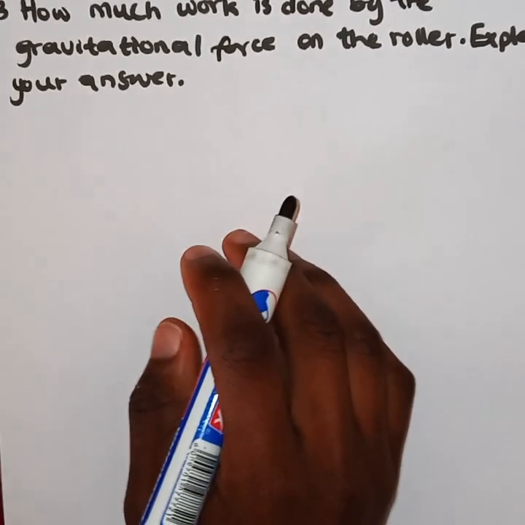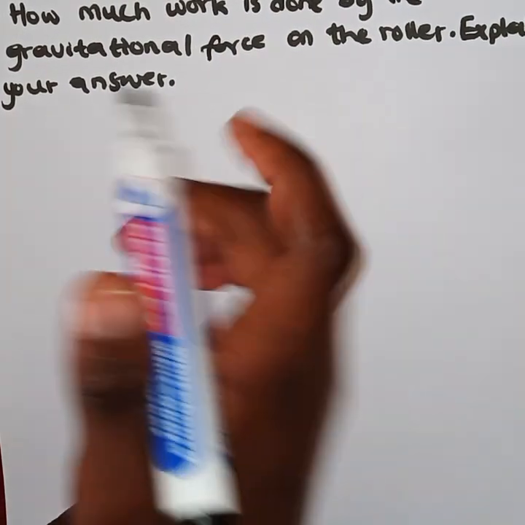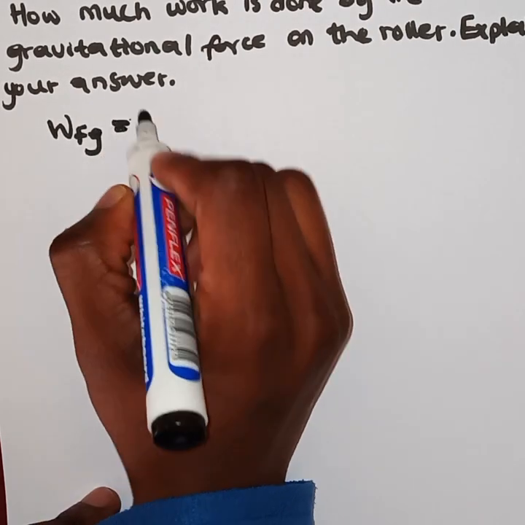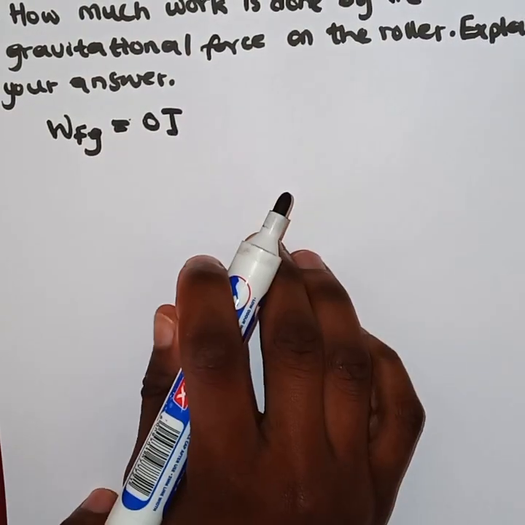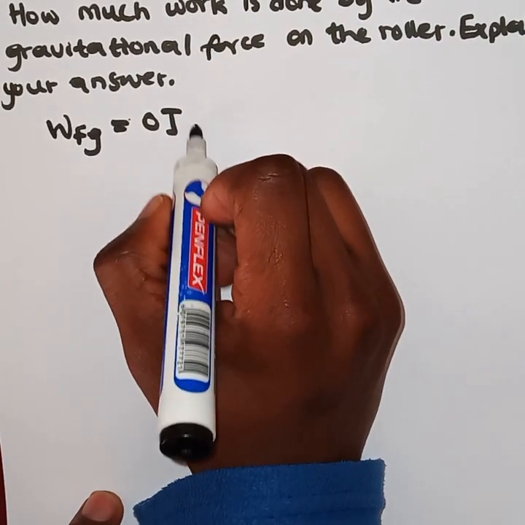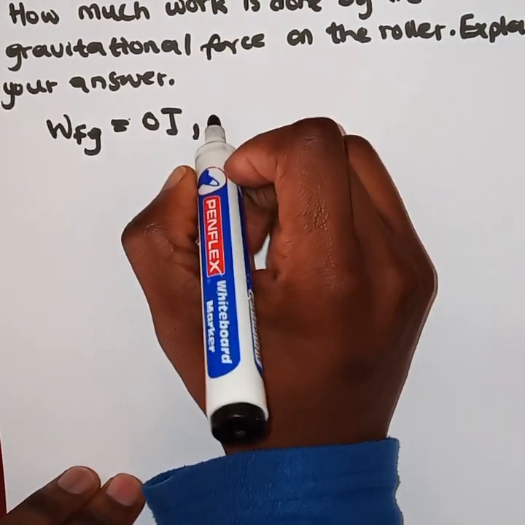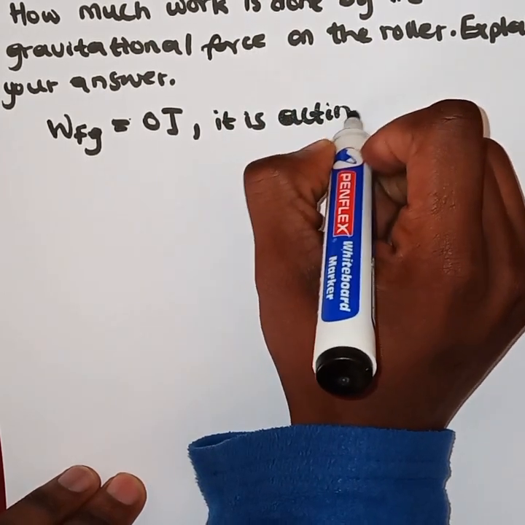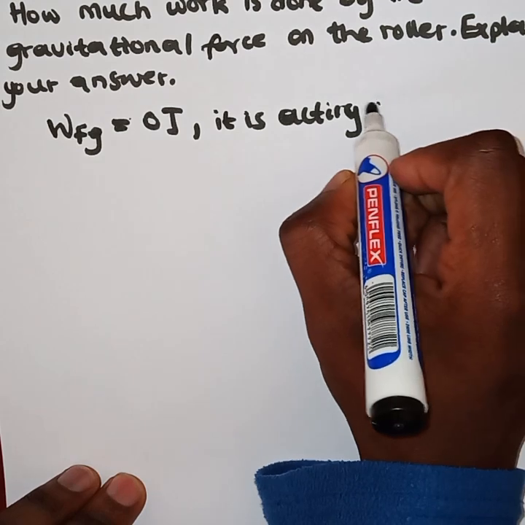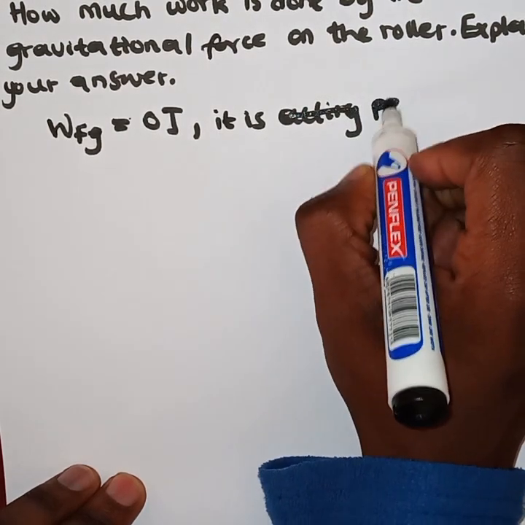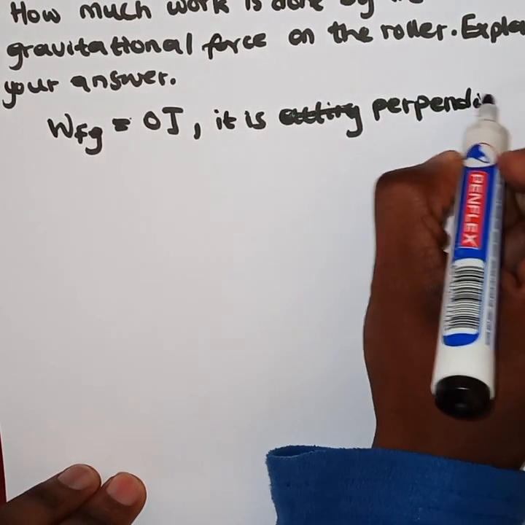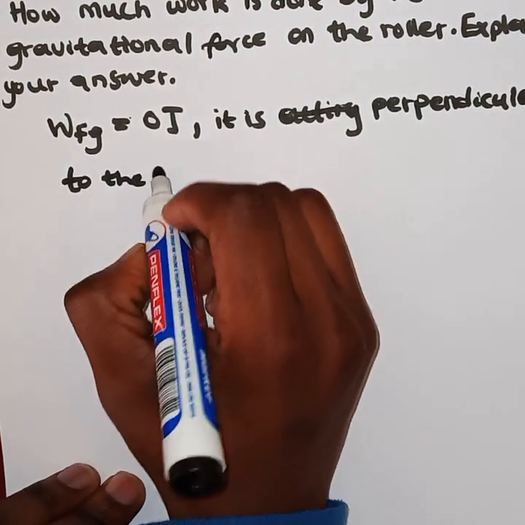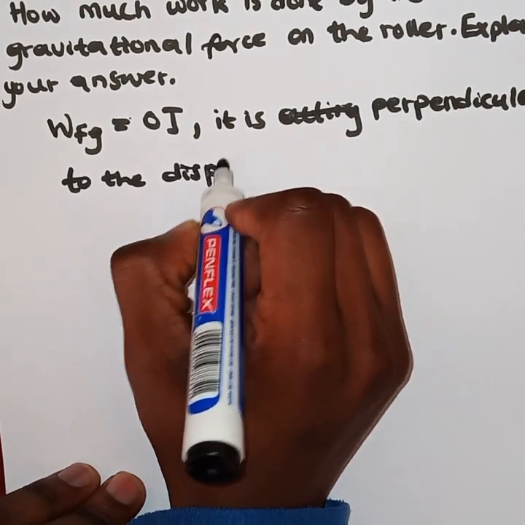So we can conclude that the work done by Fg will be 0 joules, and the reason is that it is acting perpendicular to the displacement.